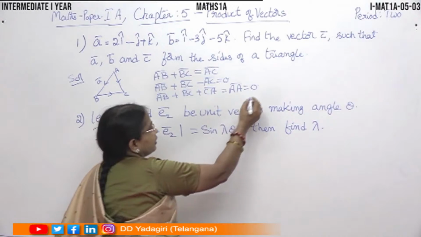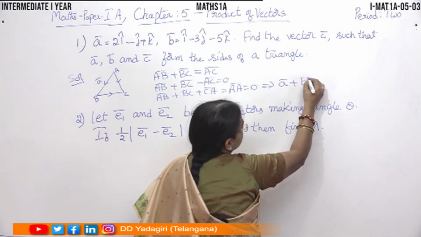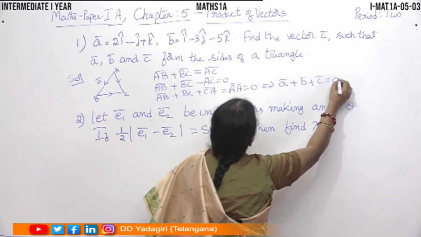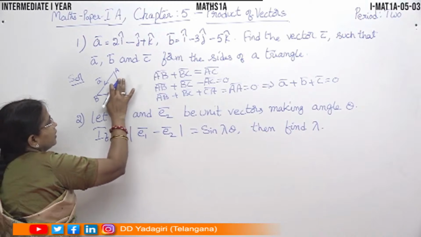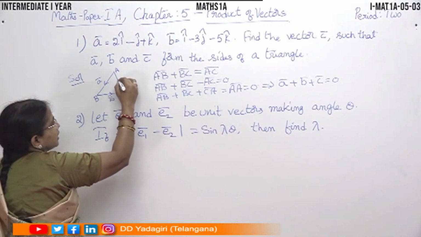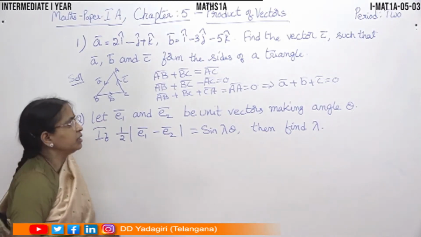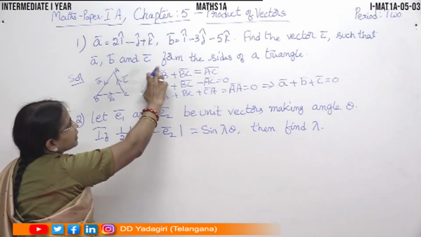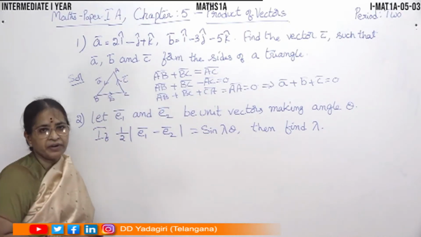Now, you are given that suppose AB is A, BC is B, and then CA is C. Then A plus B plus C is equal to 0. Now you must find the vector C such that A, B, C form the sides of a triangle.